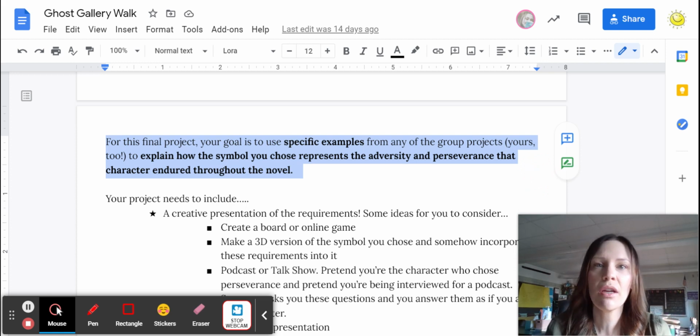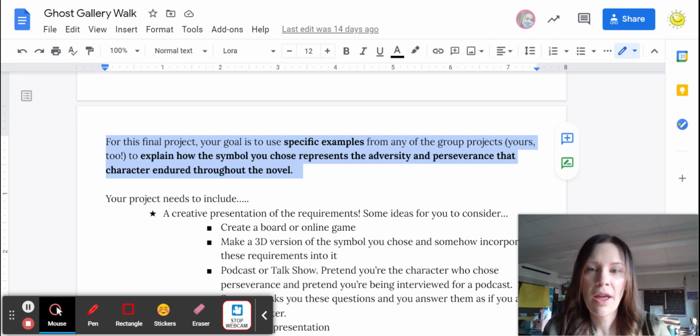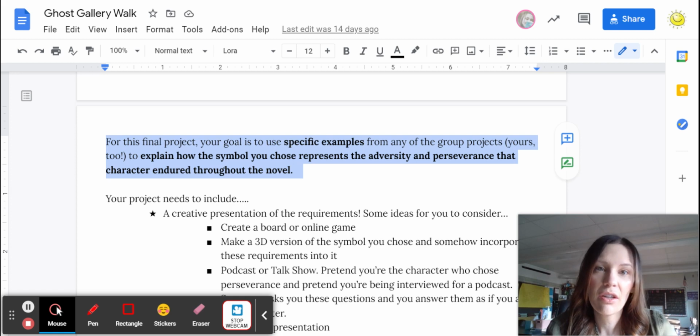So, put it simply, you picked a character who showed adversity and perseverance. You chose a symbol to represent that character. Then you need to be able to use specific examples from all of the projects that you looked at to be able to show and explain why that is a good symbol to represent that character showing adversity and perseverance.